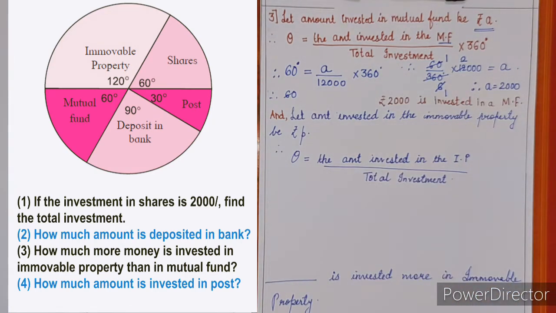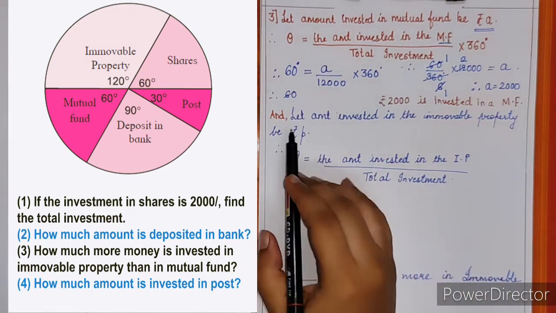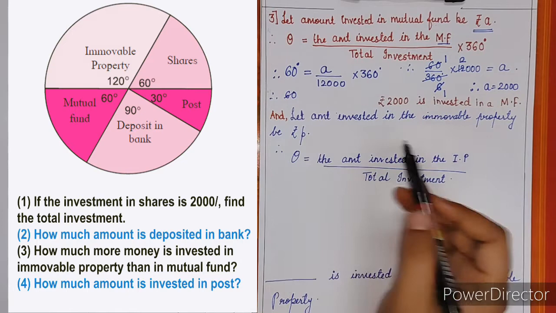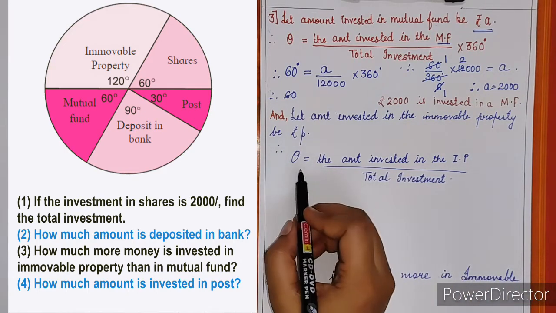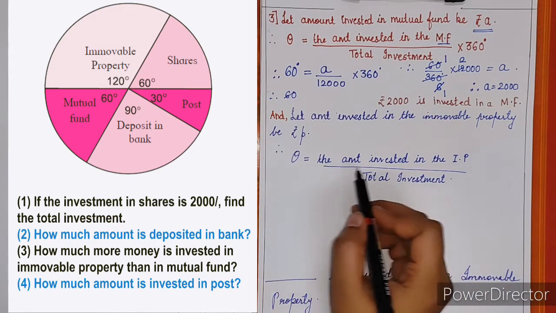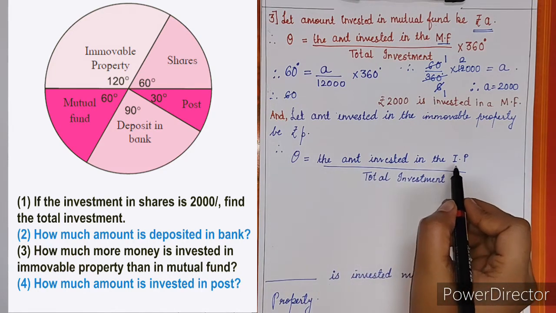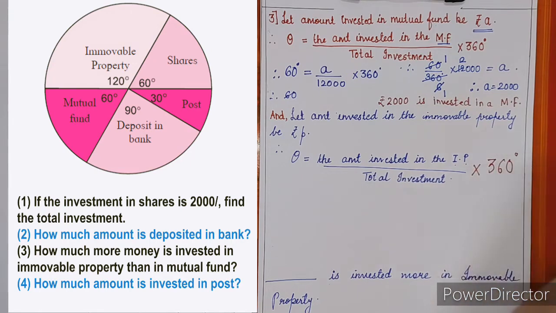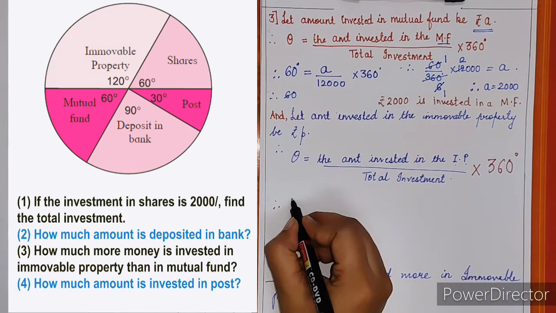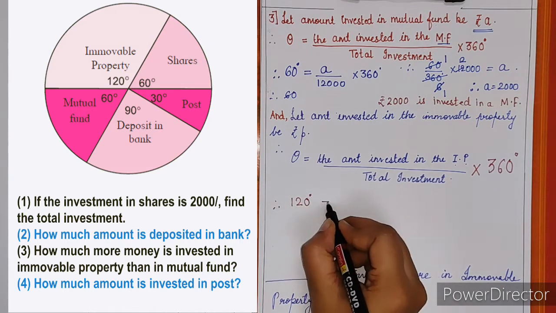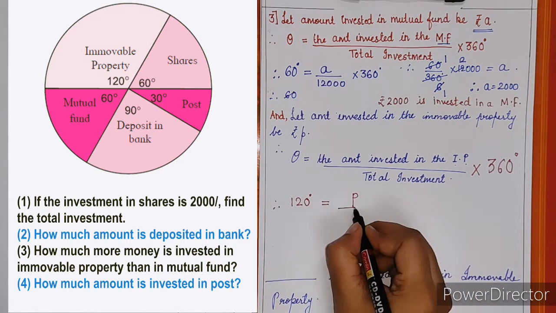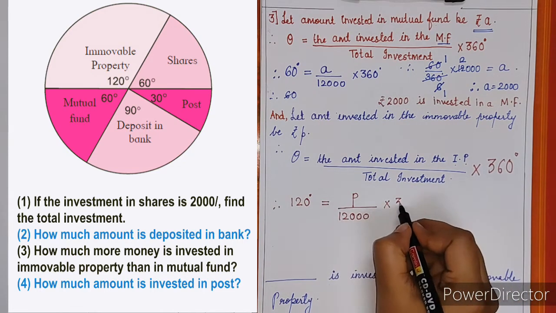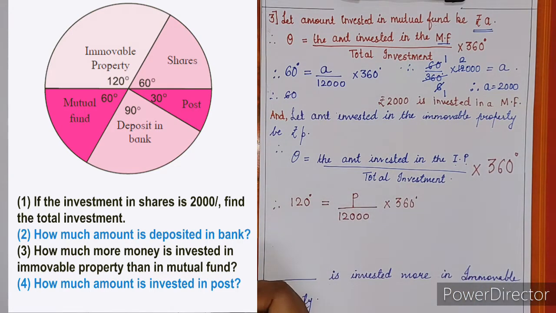Now we'll see how much amount is invested in immovable property. Let the amount invested in immovable property be rupees P. The central angle corresponding to the immovable property is given by theta. The formula is the amount invested in immovable property upon total investment into 360 degrees. The central angle is 120 degrees. Amount invested we have considered as P. Total investment is 12,000 into 360 degrees.